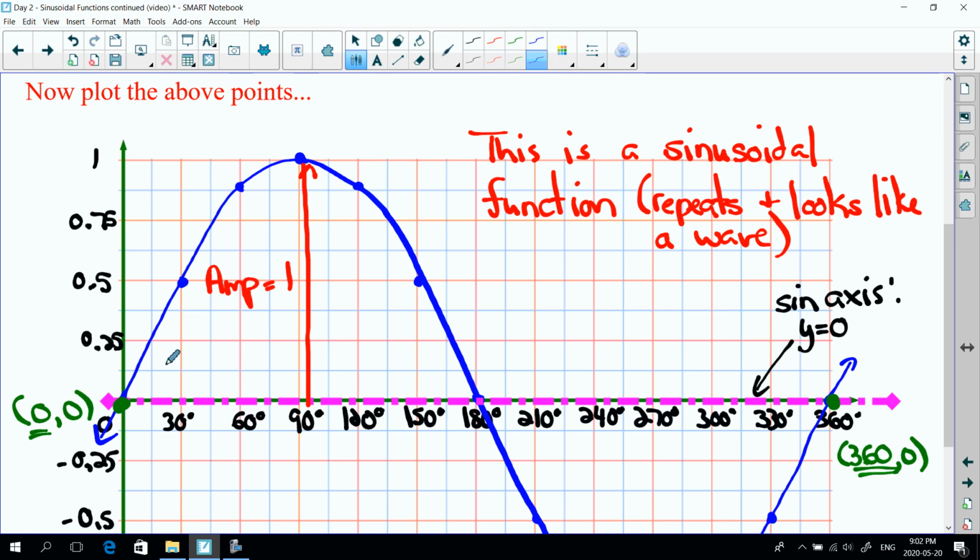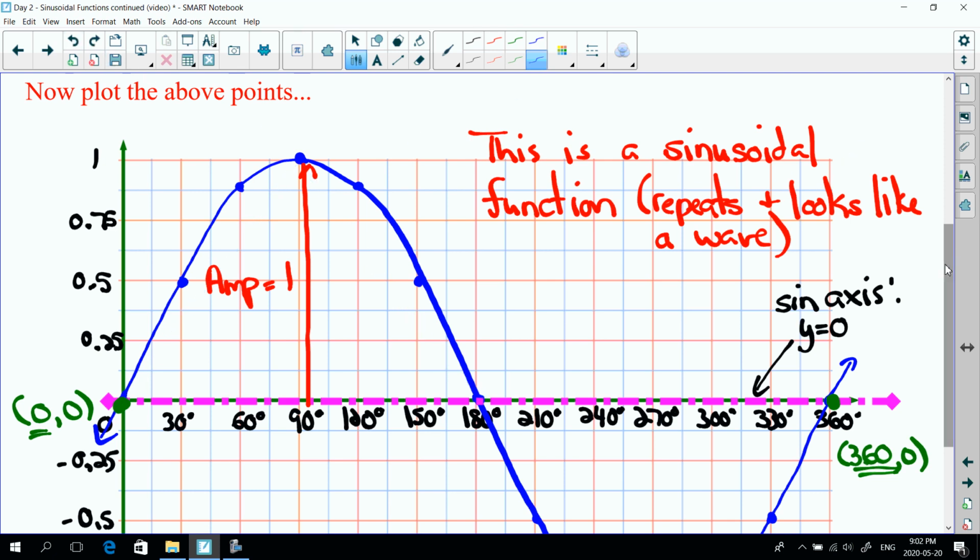It's important that you draw this with a nice smooth curve. It's rounded, okay? Don't do it like this. A lot of times I see that. No good, okay? It's not pointy. It's a nice smooth curve.